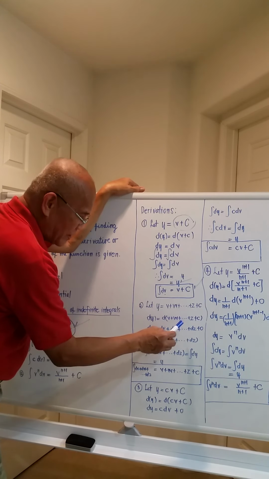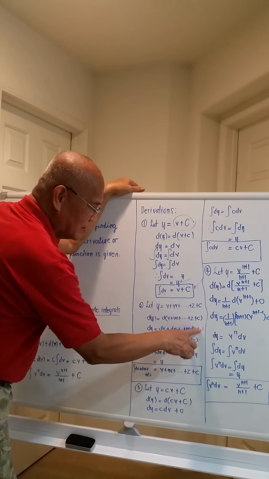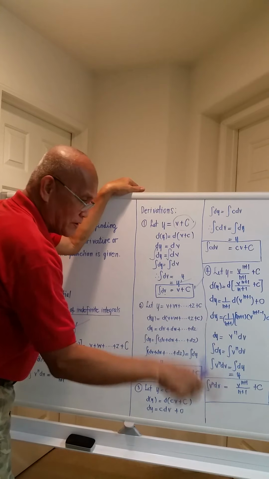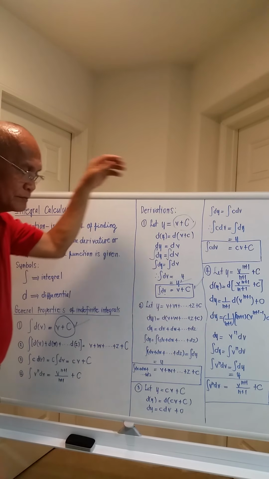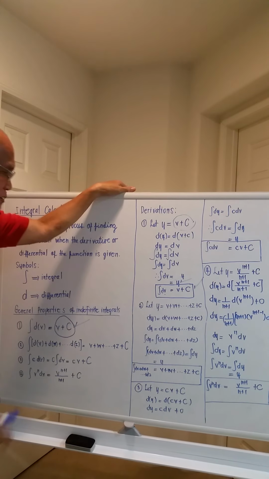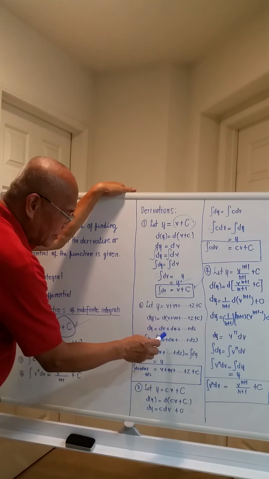It's constant, so this should be 0. Okay, so this is 0 now. This is gone. The differential or derivative of any constant is 0. Okay, simplifying this one now, dy is equal to dv plus dw plus ... plus dz.